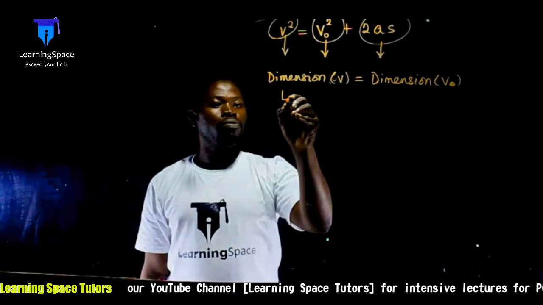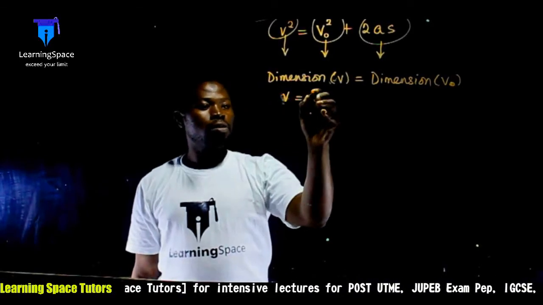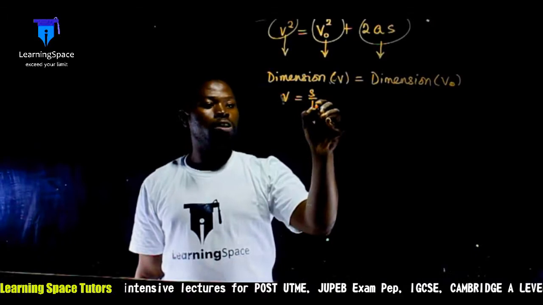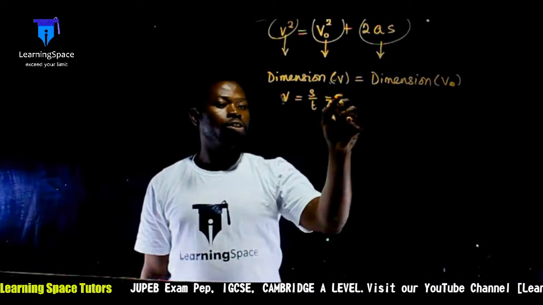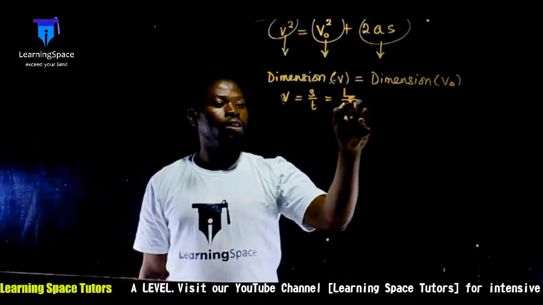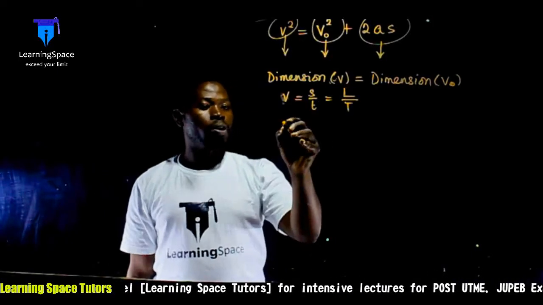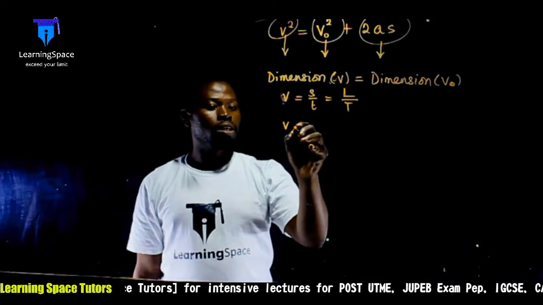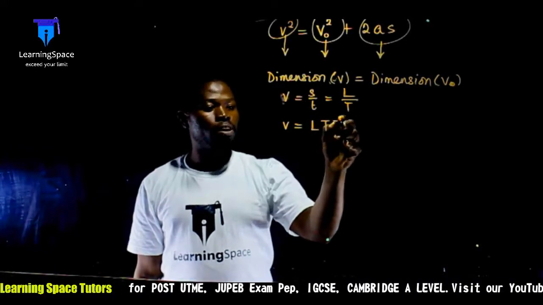And what is velocity? Velocity is displacement per unit time. Now, our displacement is measured in meter, its dimension is L, and the dimension for time is capital letter T. If we compress this, V has the dimension L T minus 1.